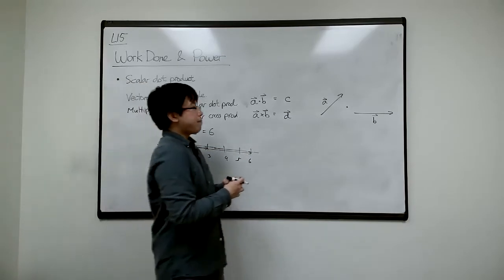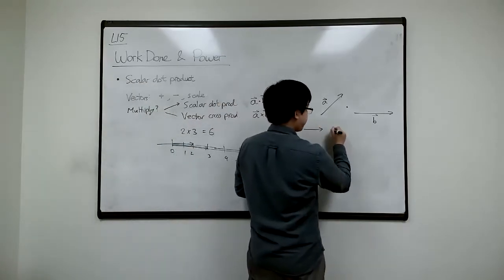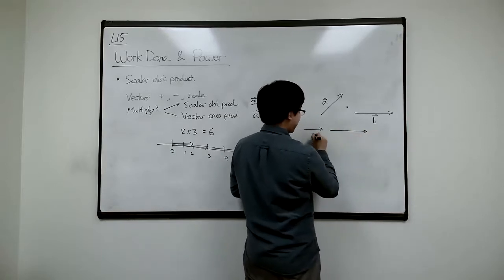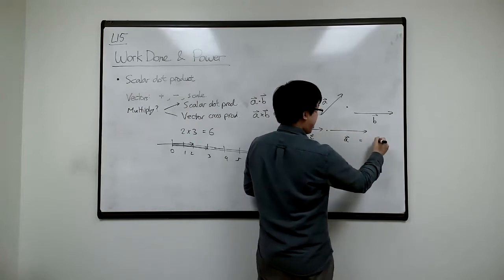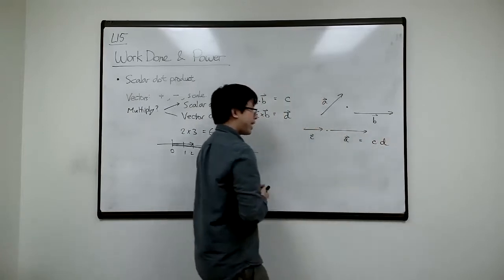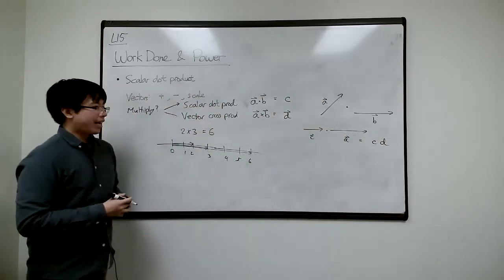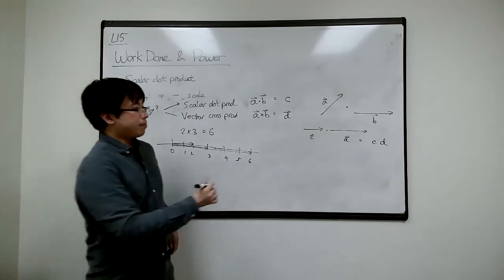So if they are parallel, let's say C and D, and I do a dot product, it's sensible to say it's just C times D. That's a good motivation.